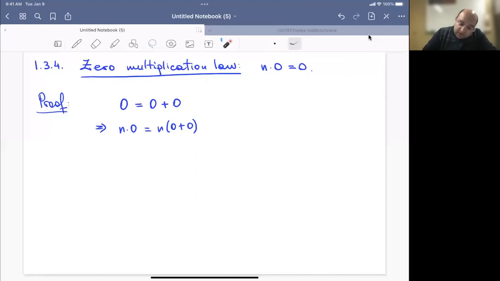I'm multiplying both sides by n, which is a specific law from the multiplication axioms. And now I can use the distributive property to write that n times 0 plus 0 is equal to n times 0 plus n times 0.